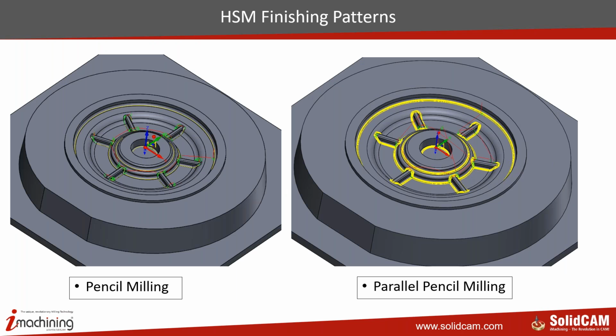And then you have pencil milling, where it will follow the corners. This is the super finishing, where if you have got scallops remaining on the part, that can be easily removed using pencil milling. And then you have parallel pencil milling, where it will take the same pencil milling and generate multiple passes of that. Instead of going in one pass, it will do several passes depending on how many passes the user has defined.